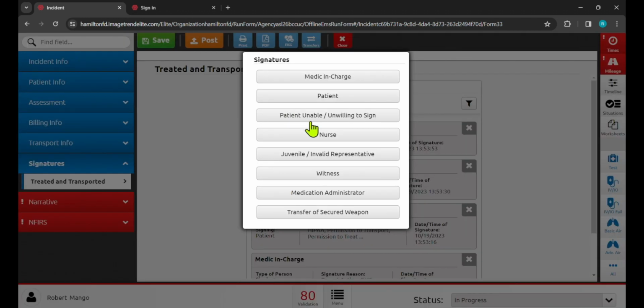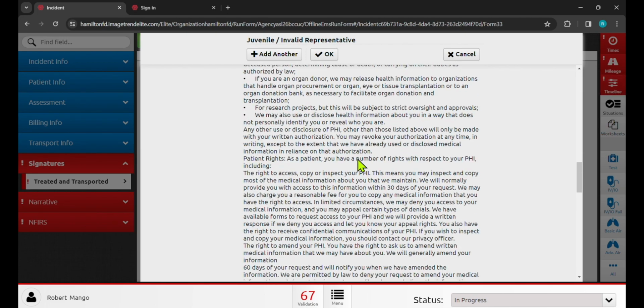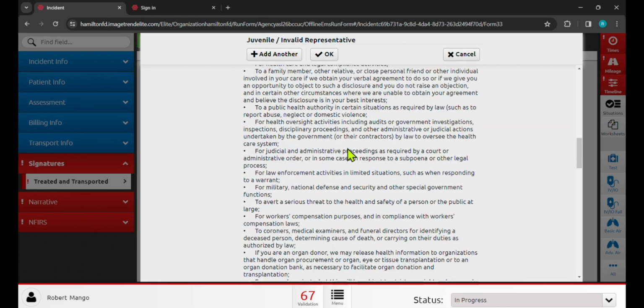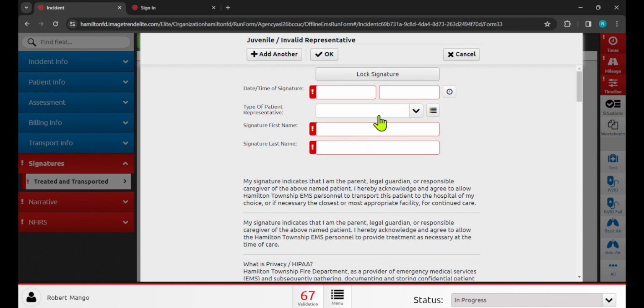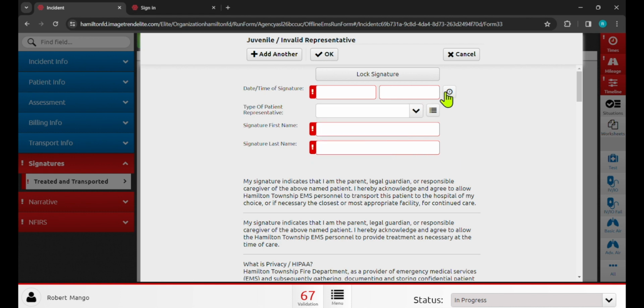What else can we sign here? A juvenile or a child cannot sign for themselves. Obviously, we would want mom or dad or guardian's information, and we would like to record who they are. There really shouldn't be somebody that would make you select other, but I guess there could be.